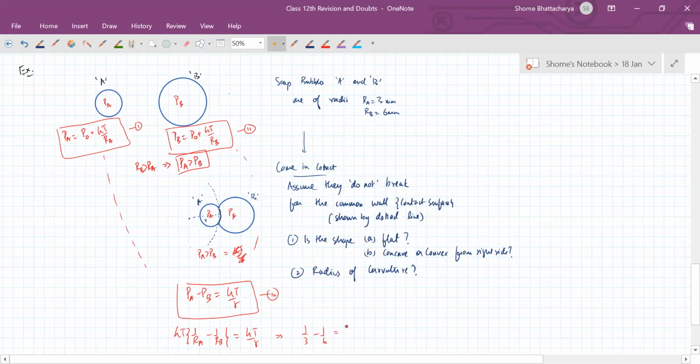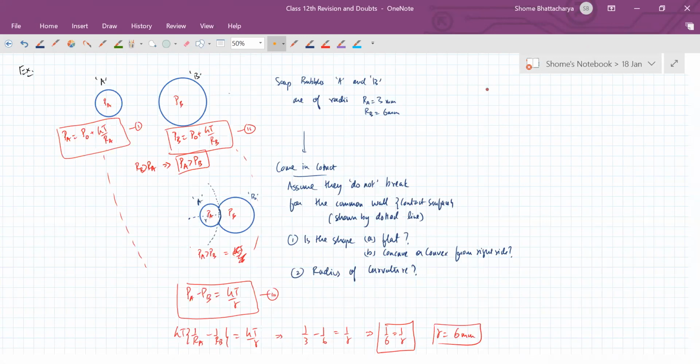Oh yes, it will come out to be the same. That's correct. My mistake. R will be 6 millimeters. Yes, that's correct, 6 millimeters. Okay, so hope this is clear.